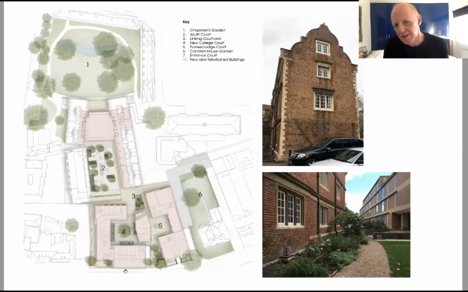And you'll see when I show the visualizations that that's what we're drawing on, particularly the orangey red of the earlier college structures that you can see here on the right. So it's really a kind of evolution of that aspect of the college's character.